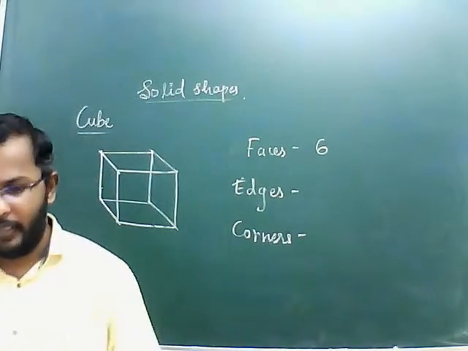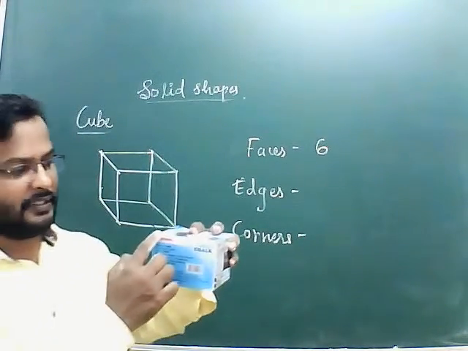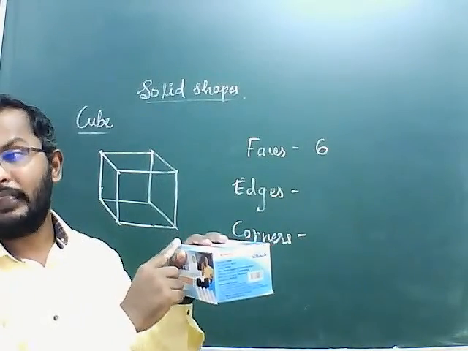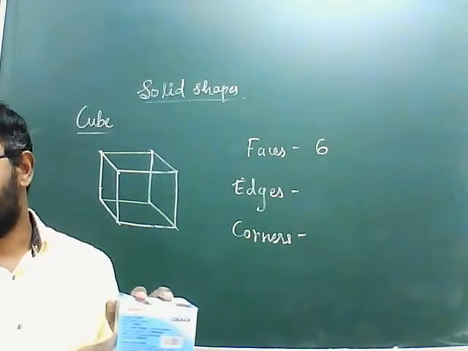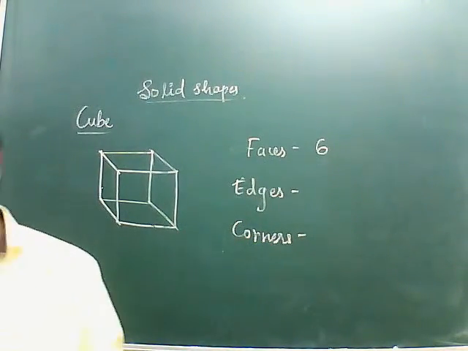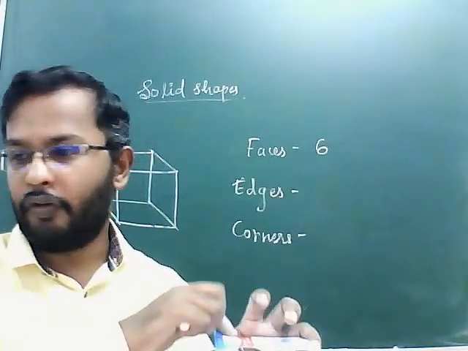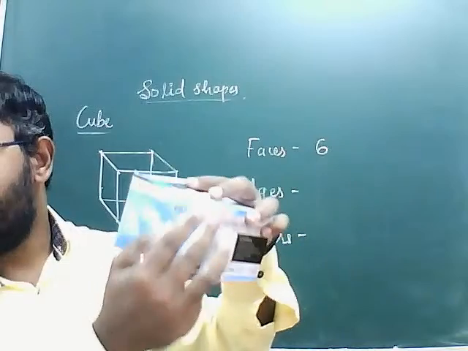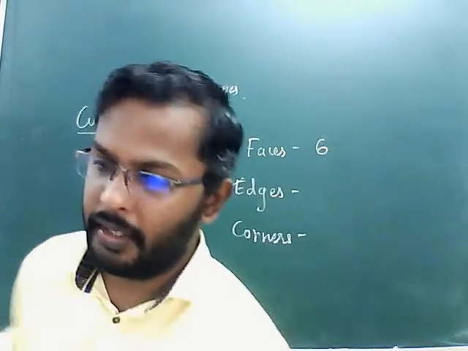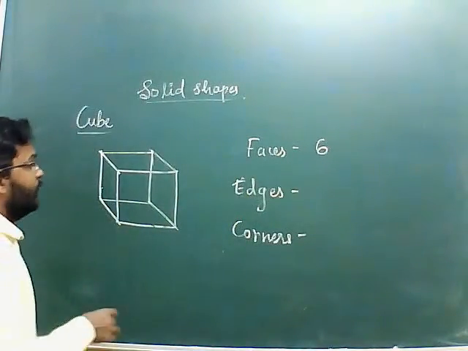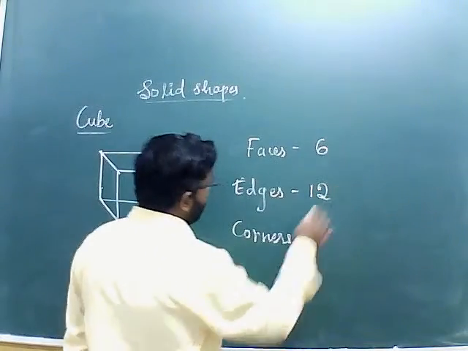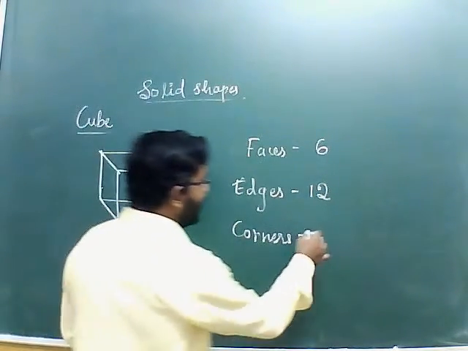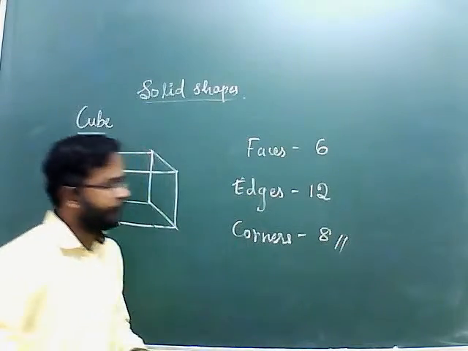Edges means these lines that join the corners. 1, 2, 3, 4 on top, 4 on the bottom, and 4 joining on the sides. Total 12 edges. And how many corners? Total 8 corners are there.